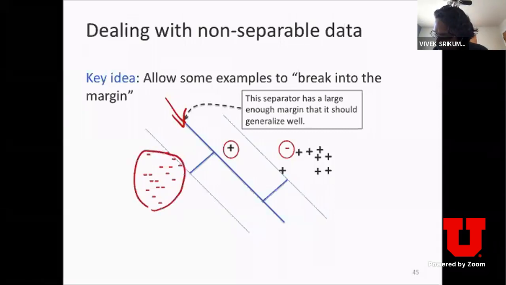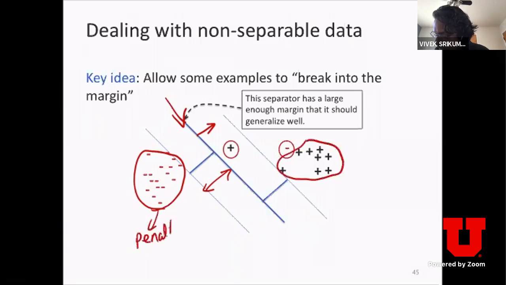On examples here, all these examples are correctly classified. Let's say this is positive and away from the margin. So it pays no penalty on this. On all these examples also, penalty equals 0. Here also penalty equals 0.